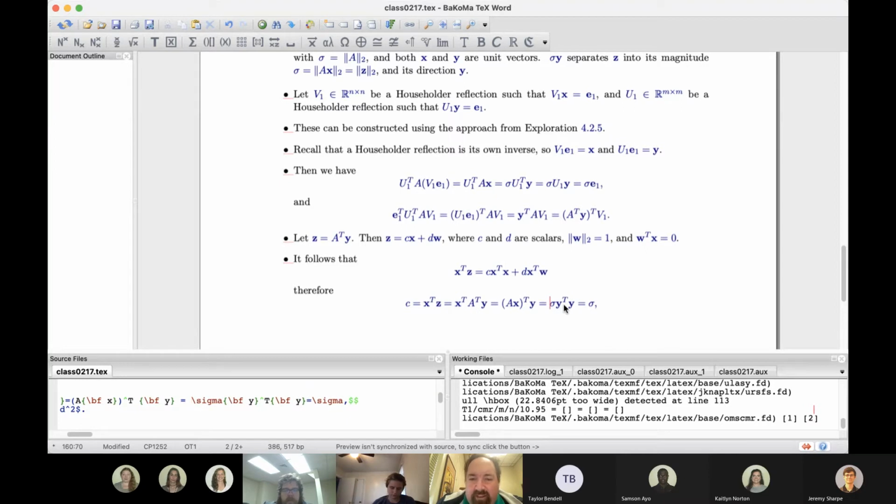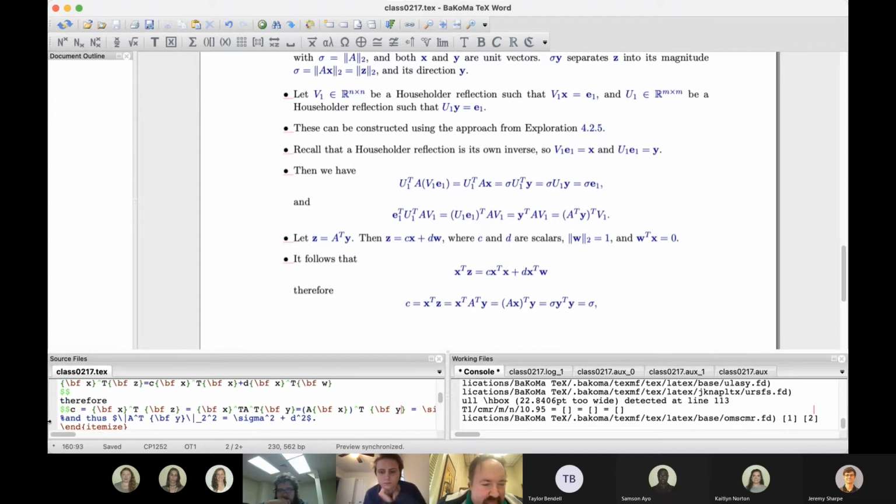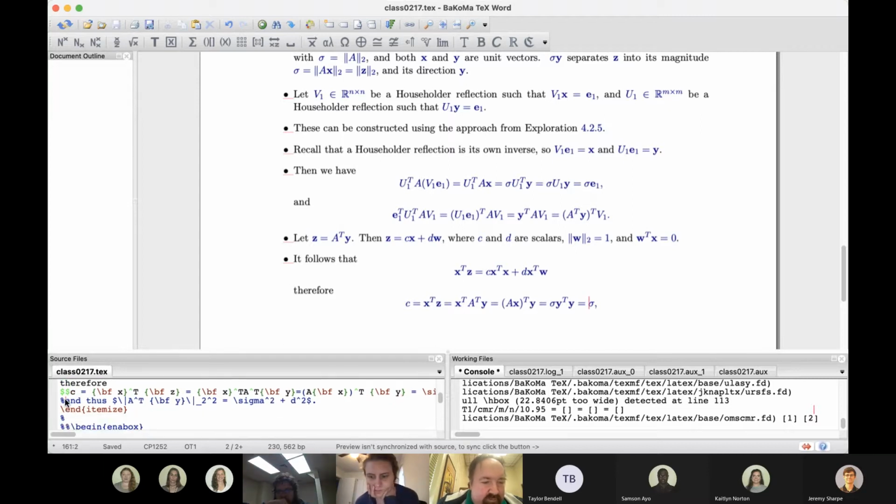But Y is a unit vector. So this is 1, so we have sigma. So in other words, C is equal to sigma. That's what I wanted from all of that. Okay.